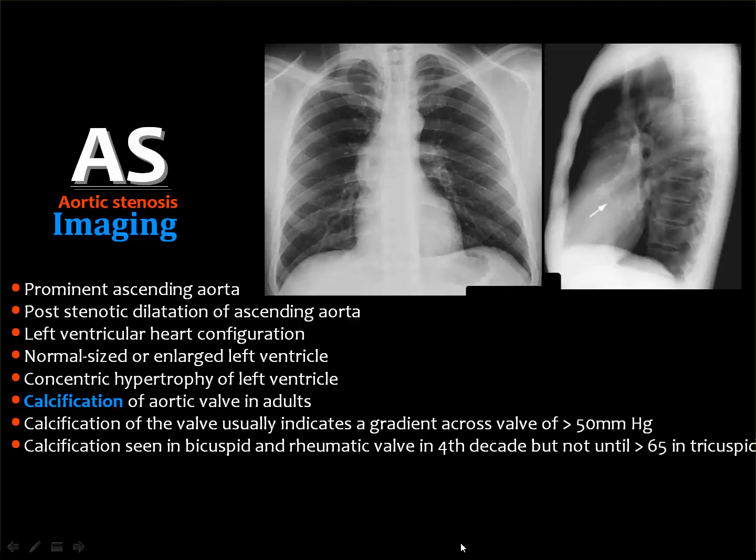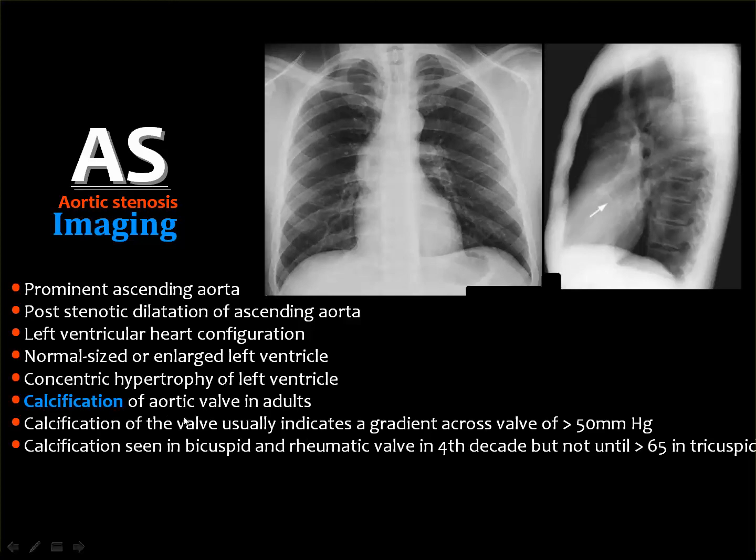Then the imaging findings in aortic stenosis: you get post-stenotic dilatation of the ascending aorta, left ventricular hypertrophy or enlargement. The left ventricle sometimes may be of normal size, but it has concentric hypertrophy.